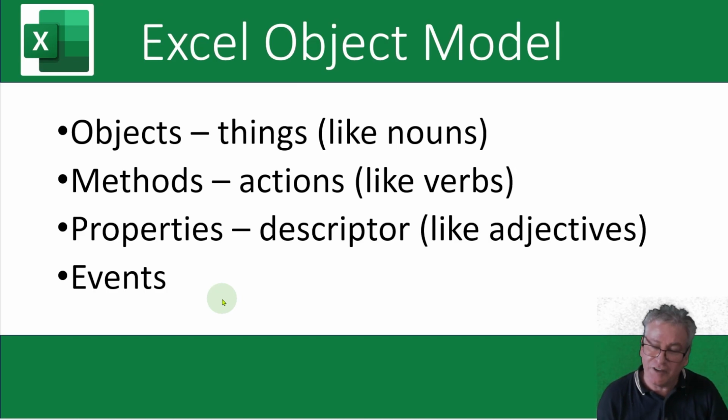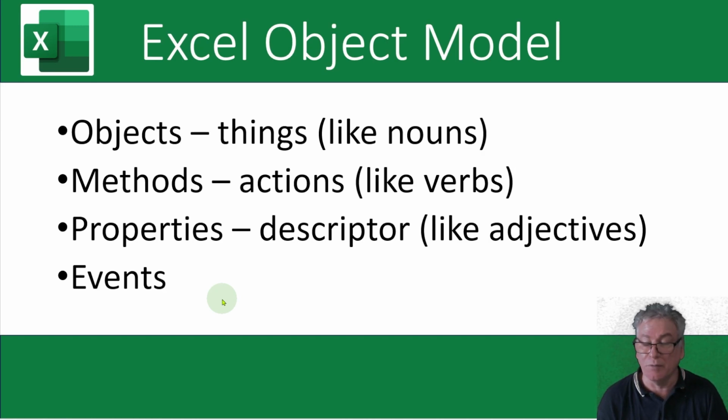And so there are events in Excel that we can use that we're not going to show in this video, but there are events like workbooks opening and cells changing and sheets changing. And so they're events that happen that you can do things on, right? But the main things we're going to look at as part of this video are the objects, methods, and properties.